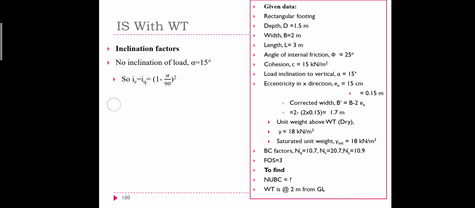So 1 minus 15 degree divided by 90 degree, the whole square, will give you 0.69. Now find I gamma. I gamma is equal to (1 minus alpha by phi) the whole square. So 1 minus 15 degree divided by the angle of internal friction 25 degree, the whole square, will give you 0.16.